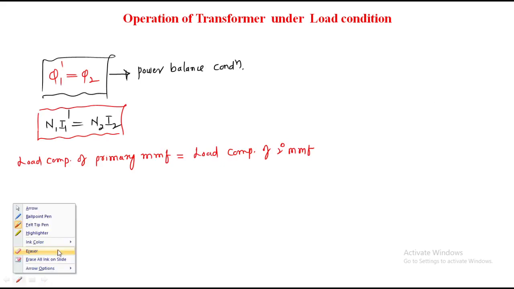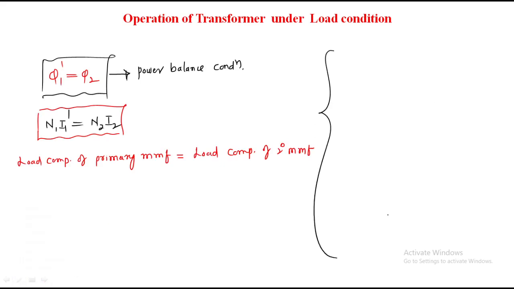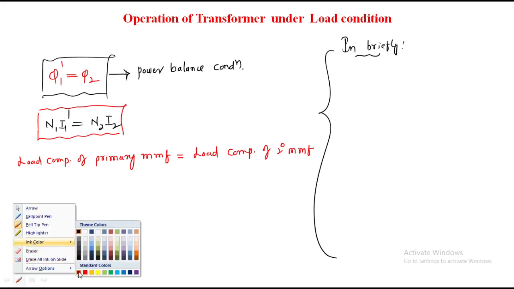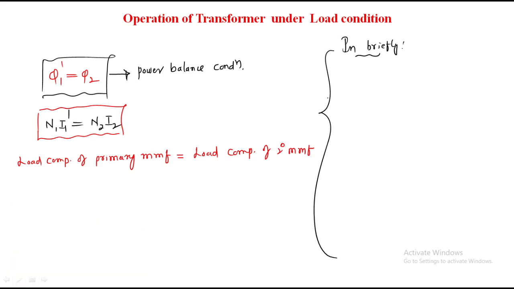So what is the important point here? I would like to give a brief explanation. If phi 2 is more, what will happen? The resultant flux decreases.